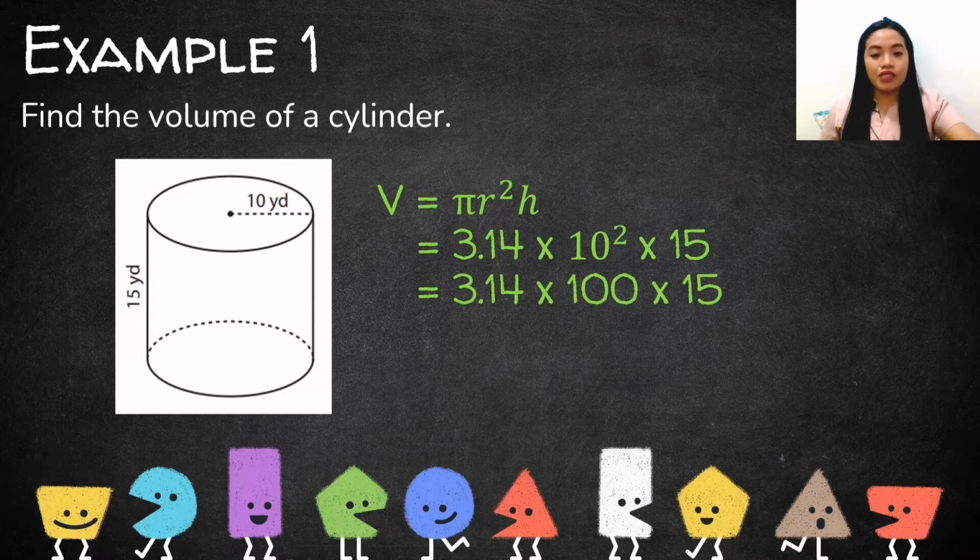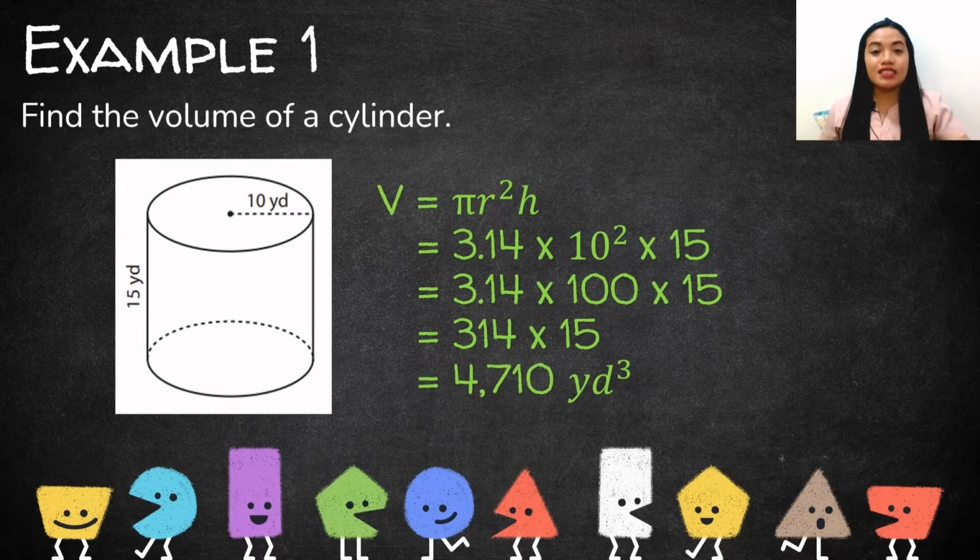Now, 3.14 times 100 is 314 times 15 is equal to 4,710 yard raised to 3, or 4,710 cubic yard. Don't forget to use the unit, okay? So, wag kakalimutan lagyan ng unit. And of course, sa volume, kailangan merong cubic.